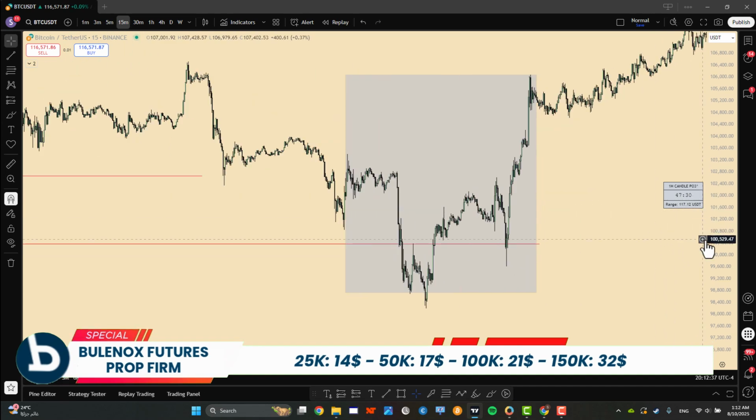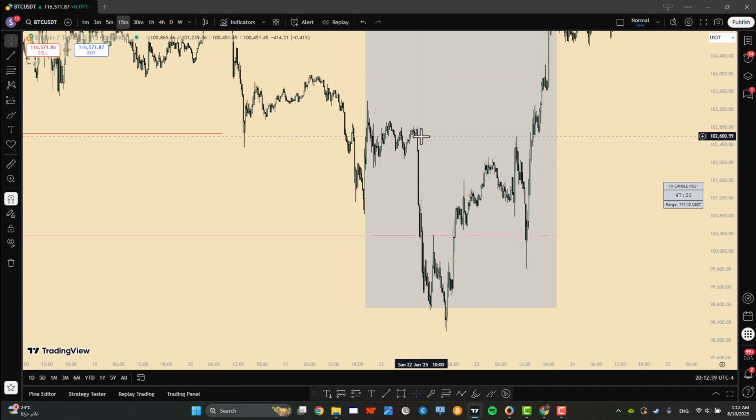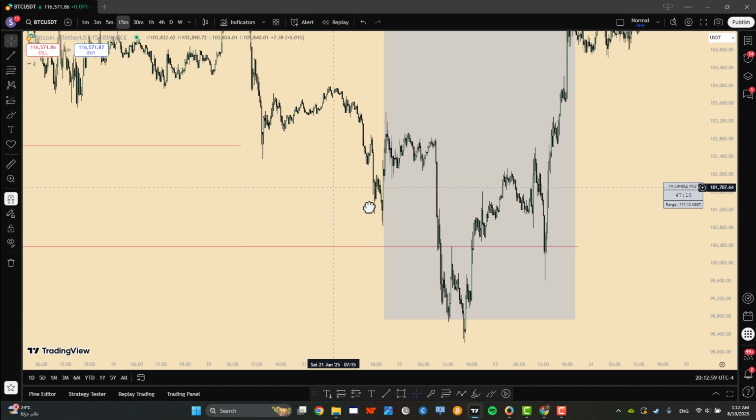When we are approaching to take that level, that pool, we have a quick move to the downside, not price slowly grinding down, and then followed by a quick move to the upside. It happens all the time. This is just a pattern in price.